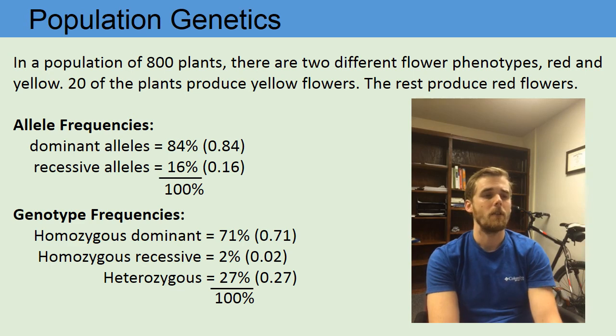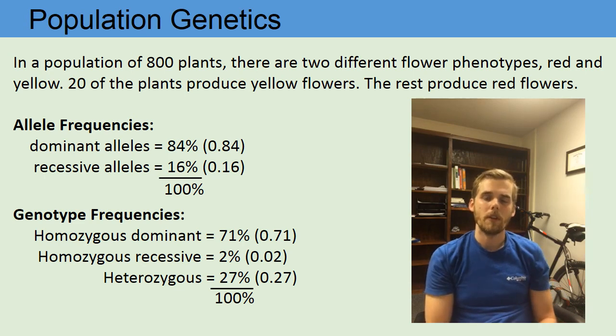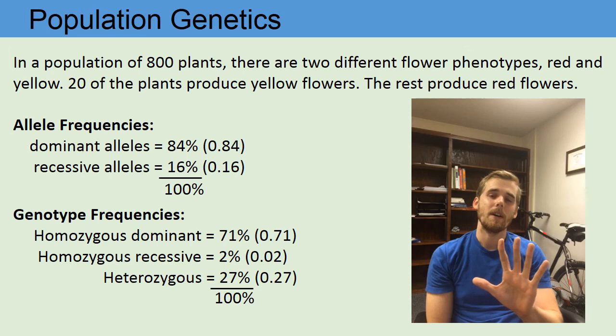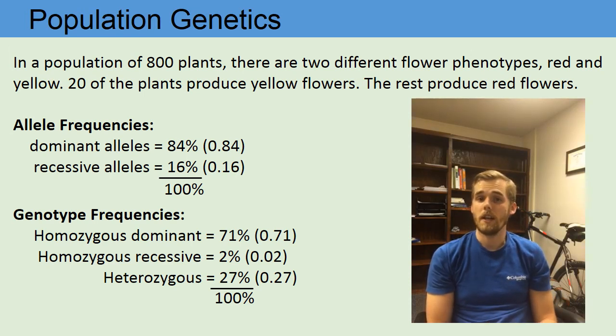So why is this significant? Well, if we were to measure the allele frequencies of a population and then go back a few years later and measure the allele frequencies of that population again, what will be observed? Would they be the exact same, or would the genotype and allele frequencies be different? Well, if any one of those 5 factors is violated, then the genotype frequencies are going to change.